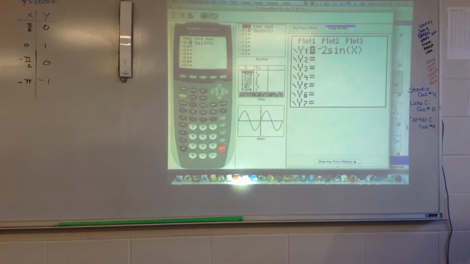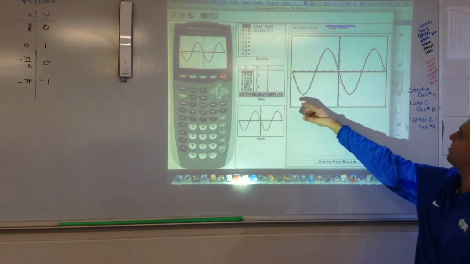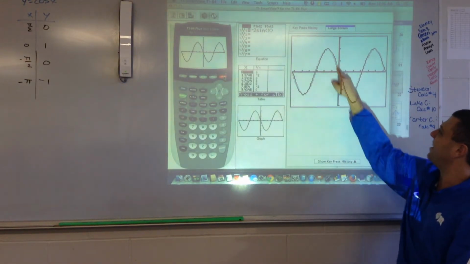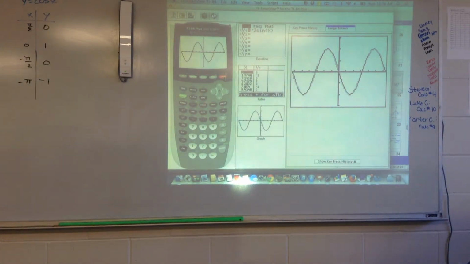He's right again. Good job, Drew. It reflected it over the x-axis. Is the amplitude still 2, though? The amplitude's still 2. The height of the waves is still 2.